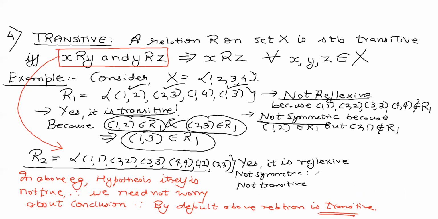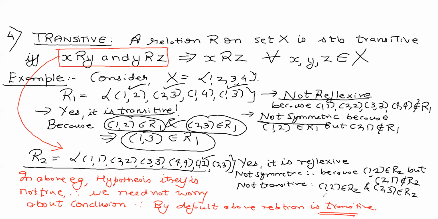Why is it not symmetric? Because (1,2) belongs to R2, but (2,1) does not belong to R2. Why is it not transitive? Because (1,2) belongs to R2 and (2,3) belongs to R2, but (1,3) does not belong to R2.